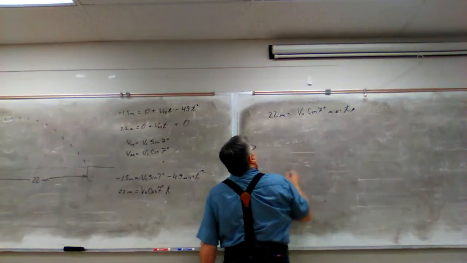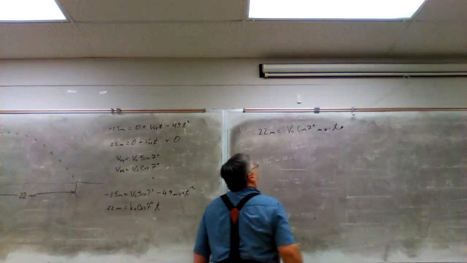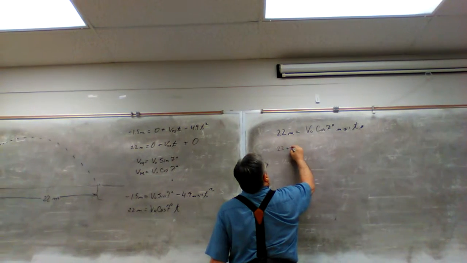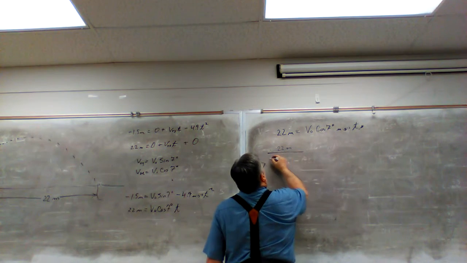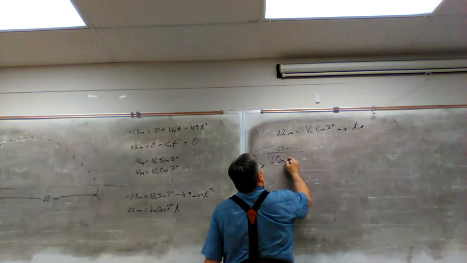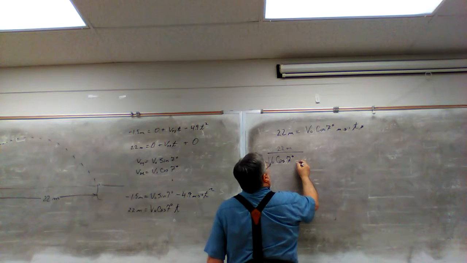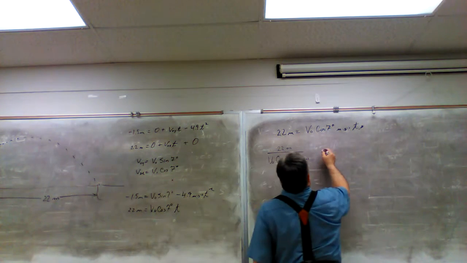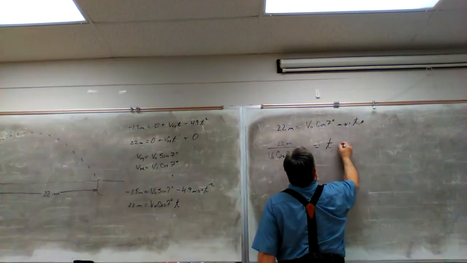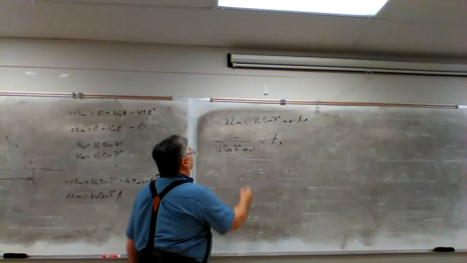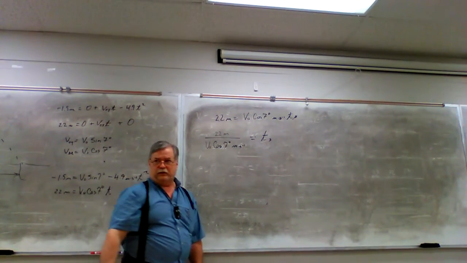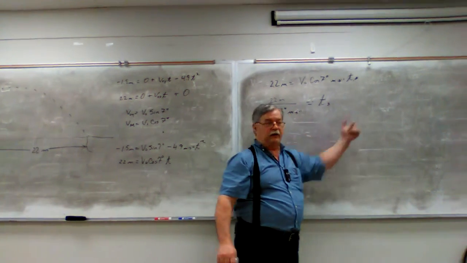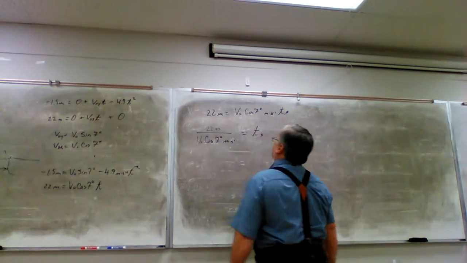If we divide both sides of that equation by v sub naught cosine of 7 degrees, we end up with 22 meters divided by v sub naught cosine of 7 degrees meters per second is equal to t seconds. And when we divide meters by meters per second, we end up with seconds on this side equals seconds on that side.